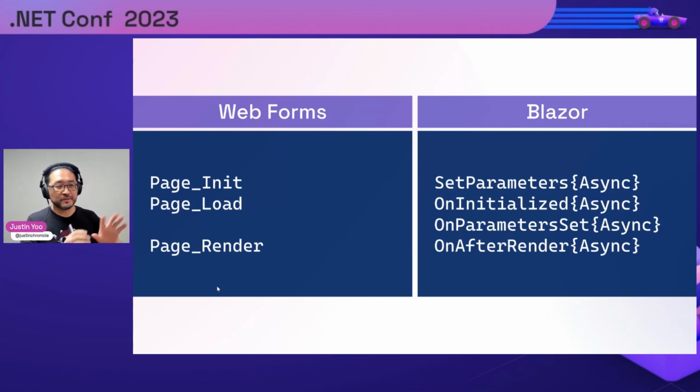For example, the WebForms application has page event handlers like Page_Init, Page_Load, and Page_Render, while Blazor has lifecycle methods like SetParameters, OnInitialized, OnParametersSet, and OnAfterRender. Even better, Blazor has both synchronous and asynchronous methods, for example, OnInitialized and OnInitializedAsync.